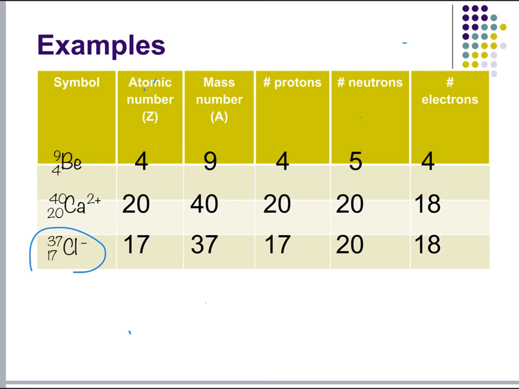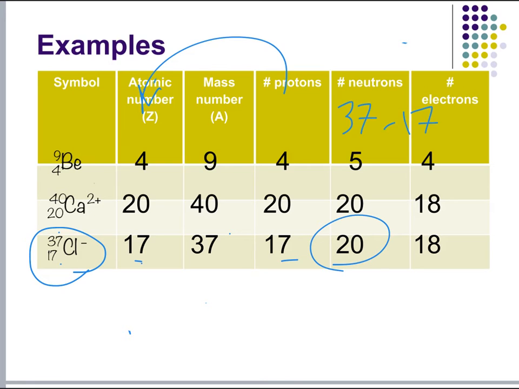Okay, last one, the 37 17 chlorine ion. So the atomic number on the bottom is 17, and the mass number is the 37 on the top. The number of protons equals the atomic number, so 17. And then the number of neutrons is going to be the mass number 37 minus the atomic number 17, which is 20.